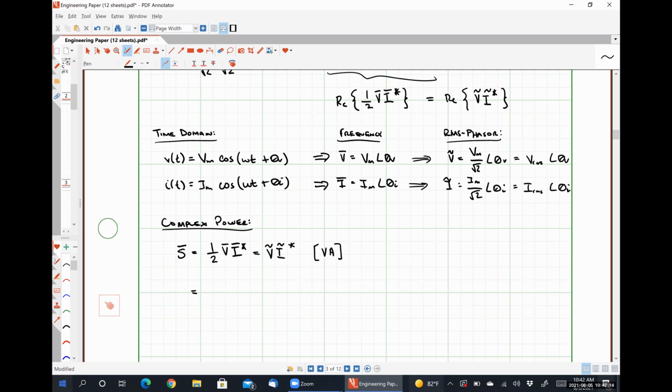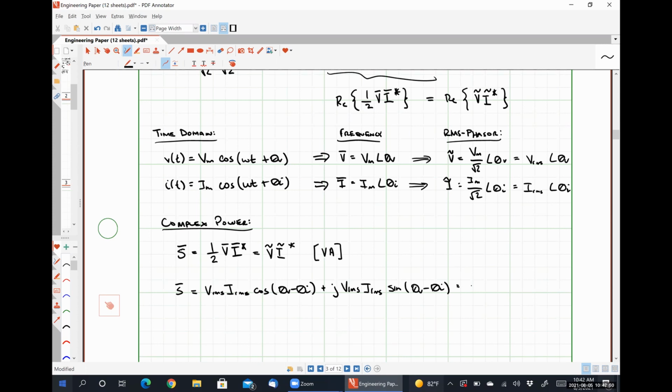In rectangular form, S would be V RMS times I RMS cosine(theta V minus theta I), plus j V RMS I RMS sine(theta V minus theta I).